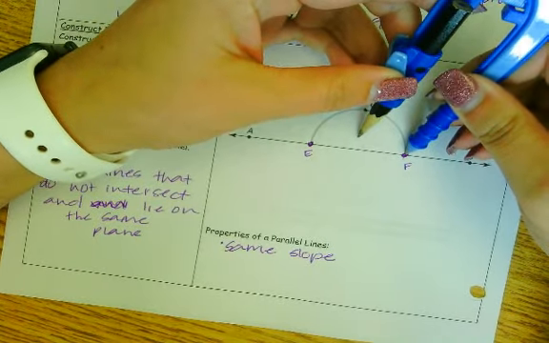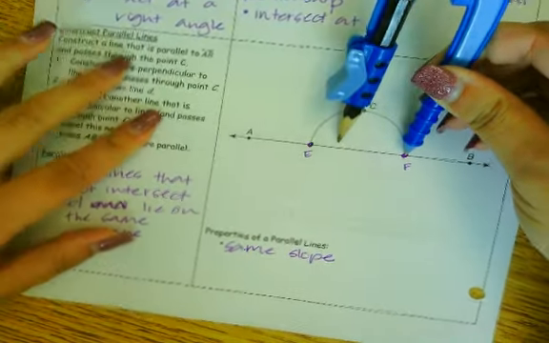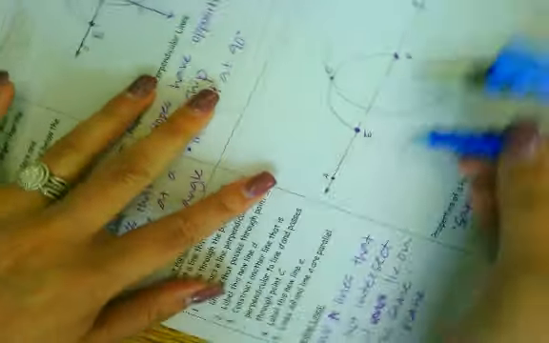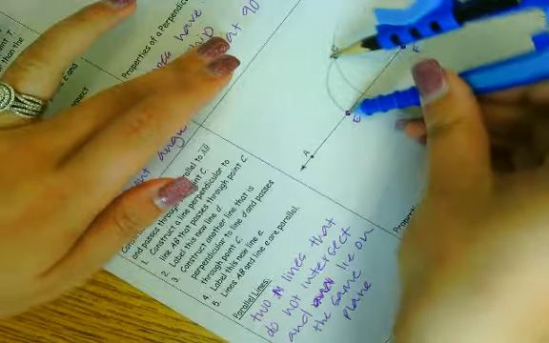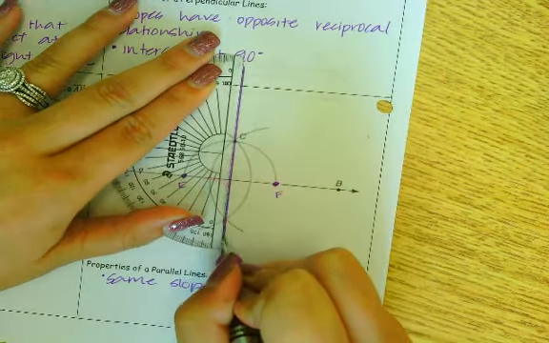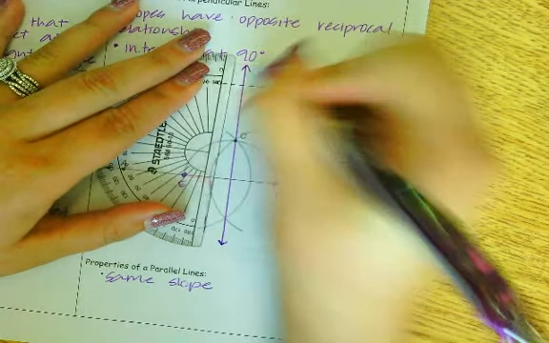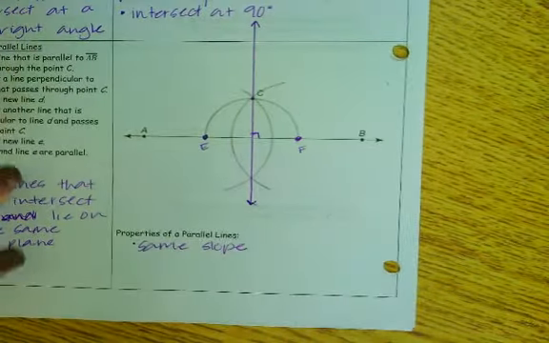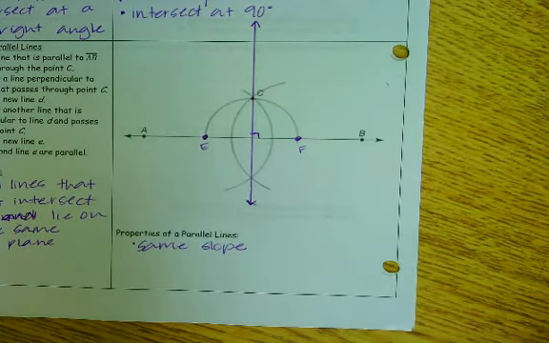Putting your point on a point of intersection, go greater than halfway and make an arc, then flip it, greater than halfway, and make an arc. Draw your perpendicular line. Okay, so that's your first perpendicular line.